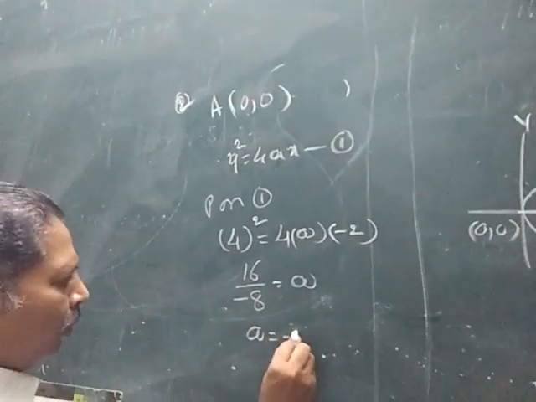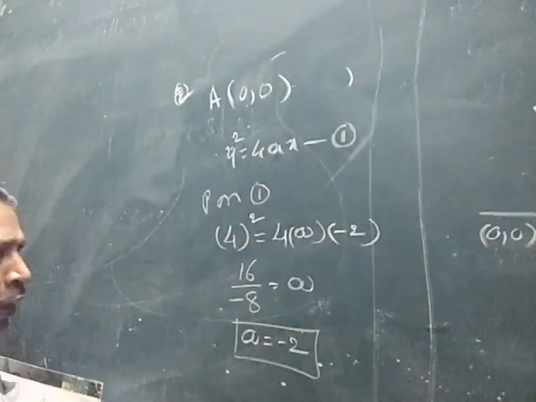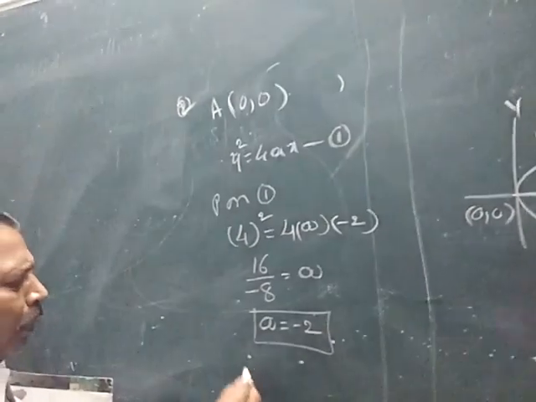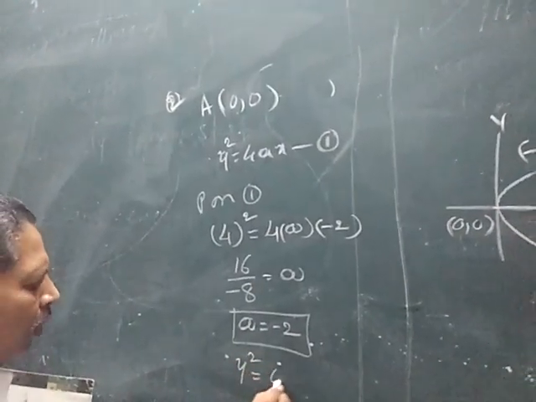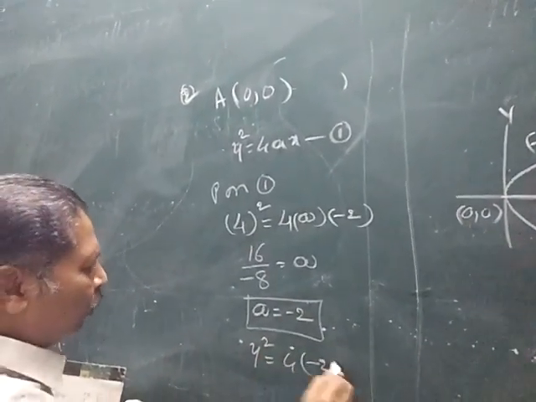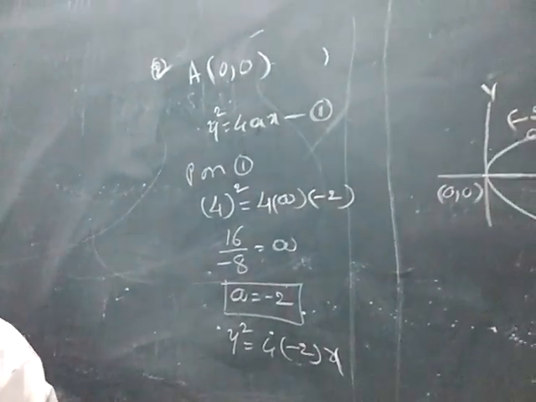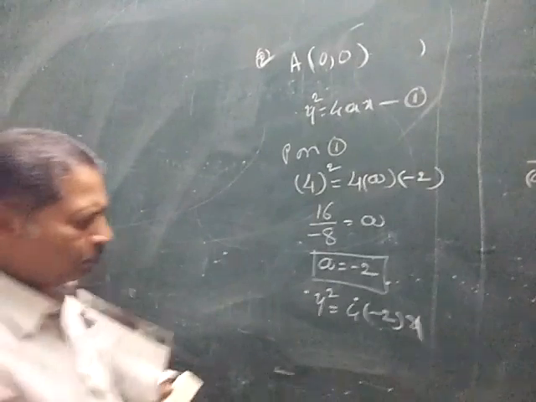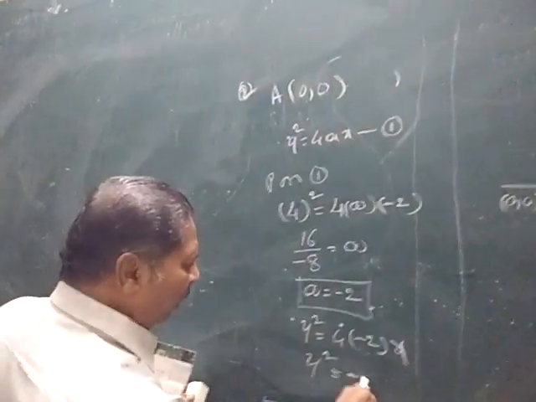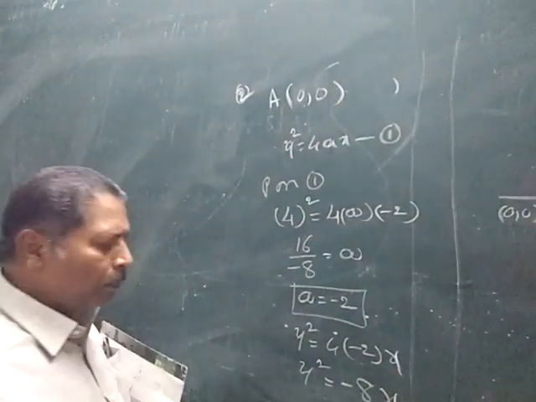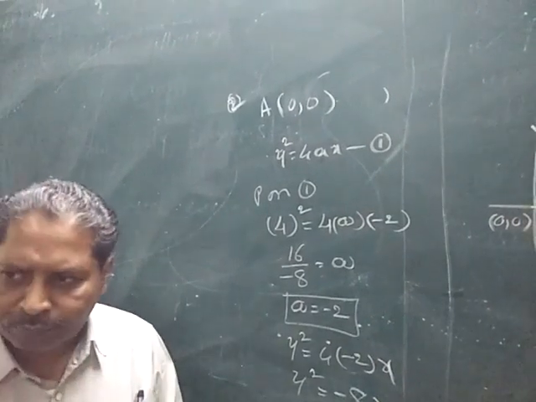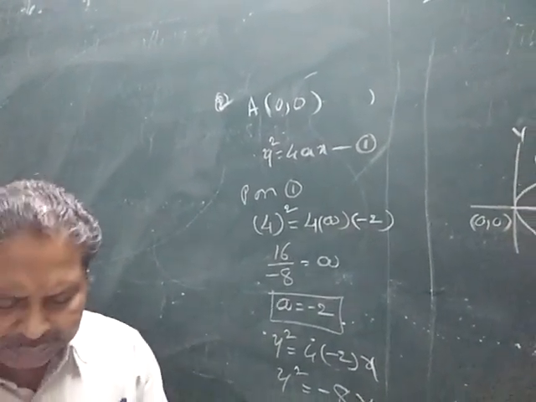So the a value is -2. So the required parabola is y² = 4(-2)x, that is, y² = -8x.